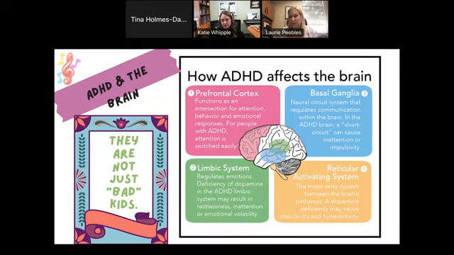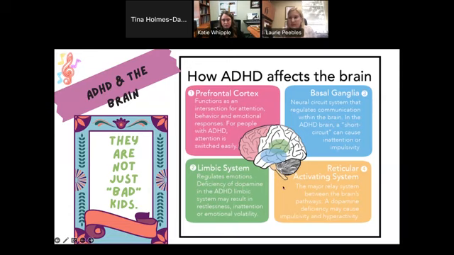The limbic system, this area in the green, this is our emotion center of the brain. And in ADHD brains, we can see a deficiency in dopamine, which again leads to that restlessness and inattention and even emotional outbursts, and very quick emotional changes. And then finally, if you look at our brain stem here, we have the reticular activating system.